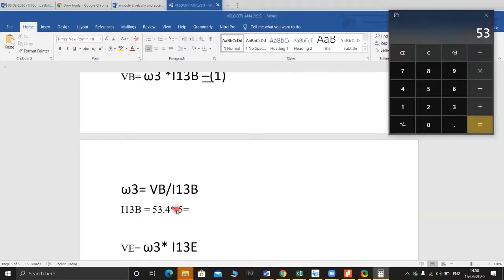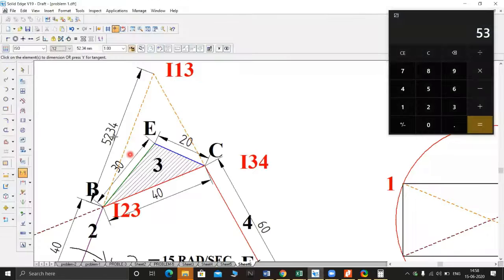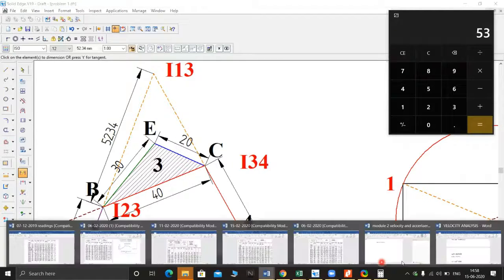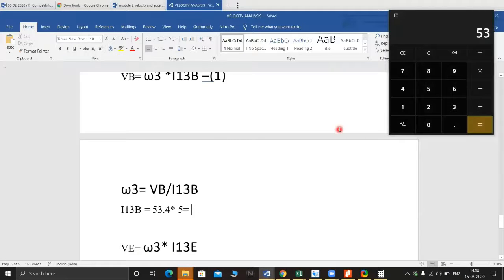The 53.4 we measured from this diagram is not the original scale. We reduced the scale, so we need to take it to the original. So 53.4 into 5 is 267.